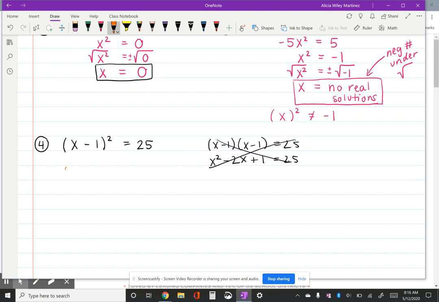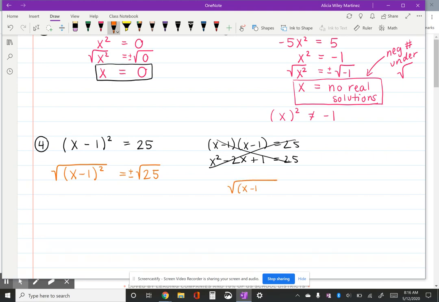So in my next step, I'm going to go ahead and take that binomial squared and I'm going to square root it. And then that means I have to also take the other side, which is 25, and square root it, not forgetting the idea that I could get a positive or negative value solution there. Now if you're not sure what the square root of x minus 1 squared is, think about it this way.